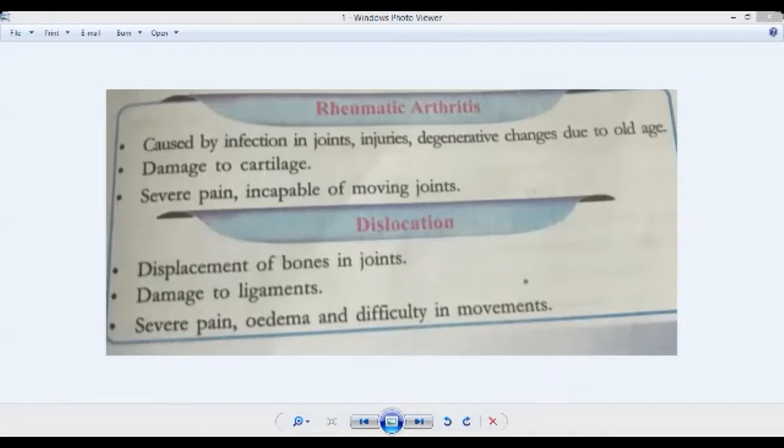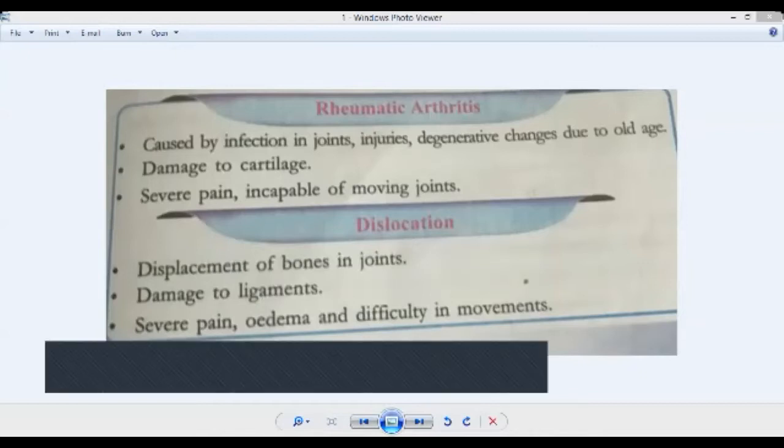So damage to ligaments, then severe pain, oedema, and difficulty in movement. Oedema means swelling. So there will be severe pain and swelling in that position. And difficulty in movement. We can't move if there is dislocation.